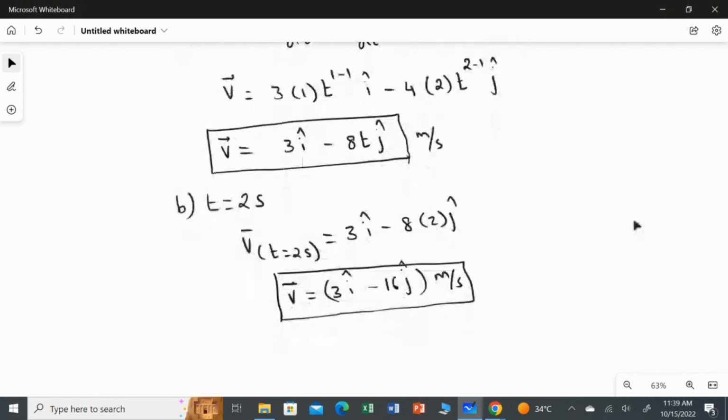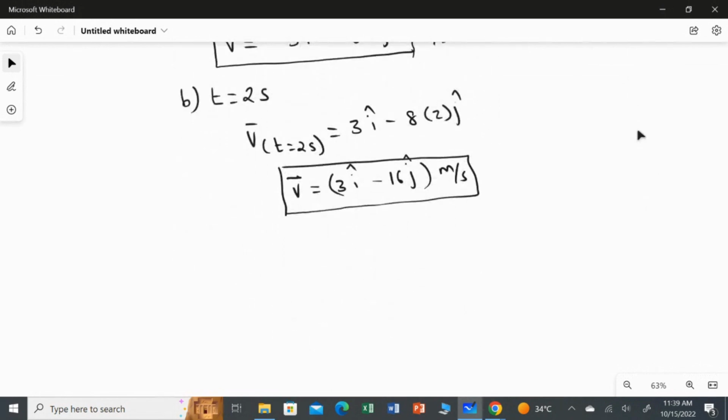In the third part, we are going to find the magnitude of the electron velocity. So we have to consider this equation.